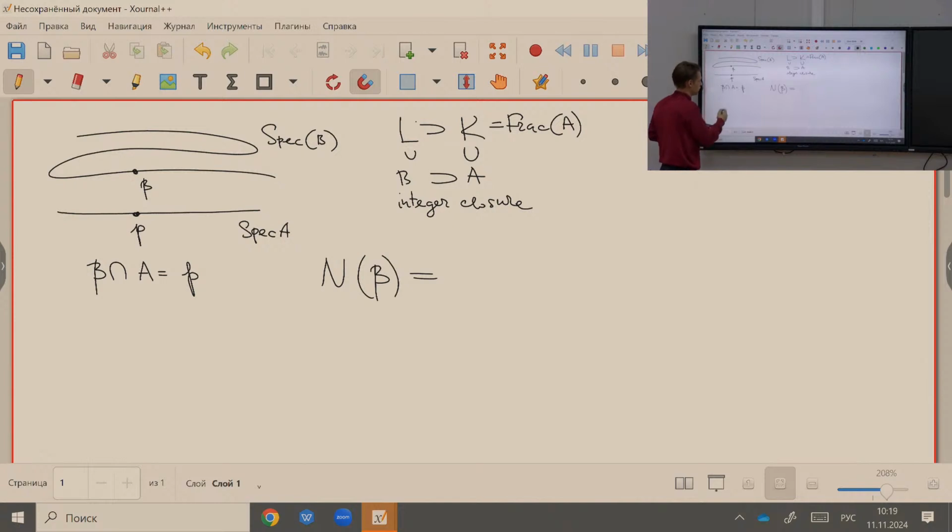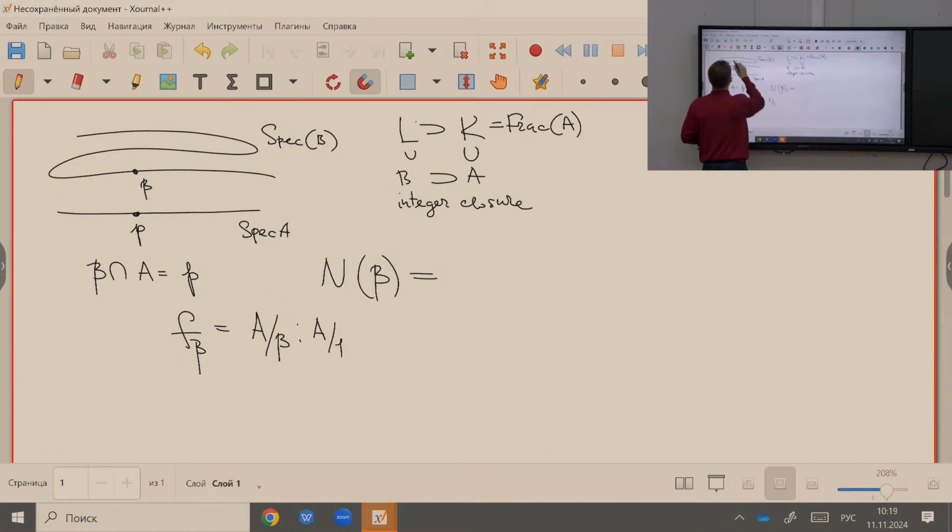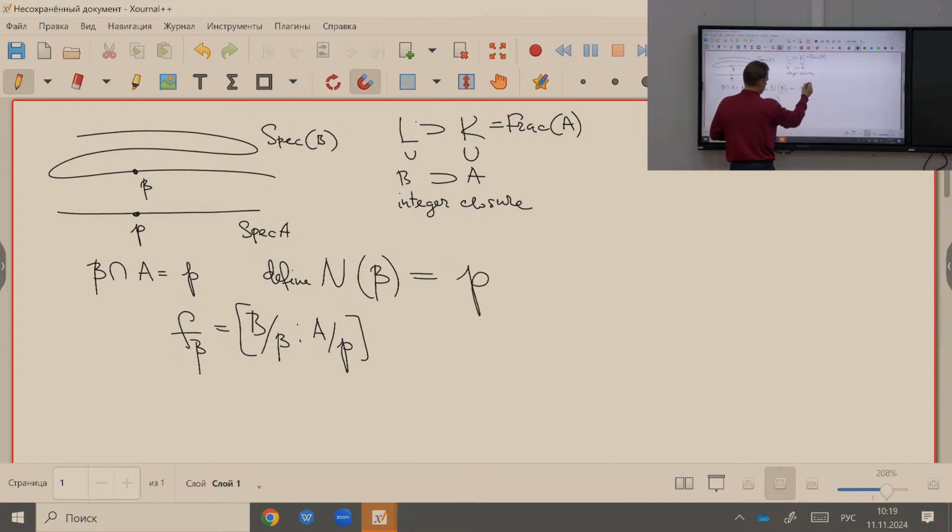You have the ramification index here, and the inertia index f_B, which is the degree of B over A modulo B over A modulo P. And we define the norm map on the ideals, so that it is P to the power f_B.